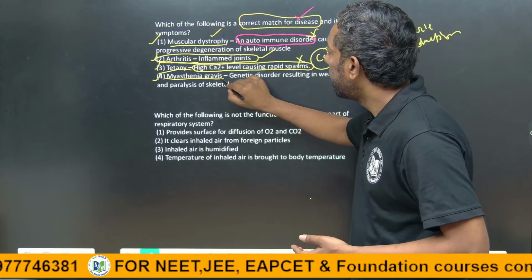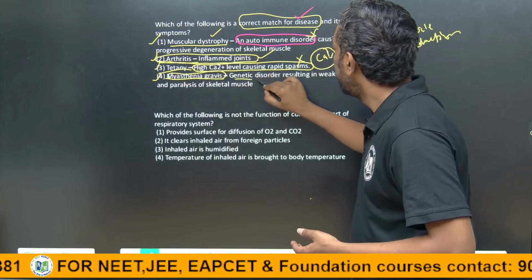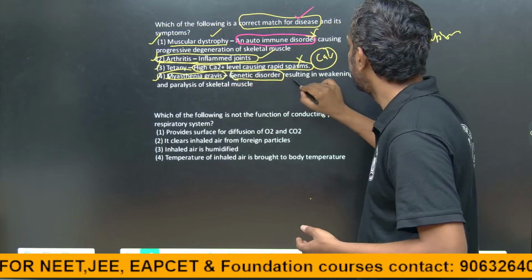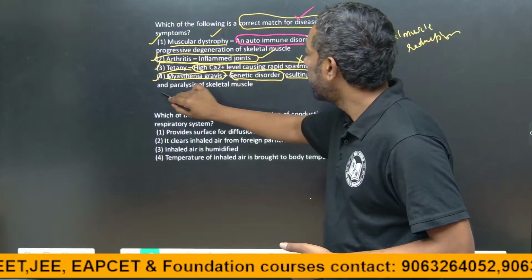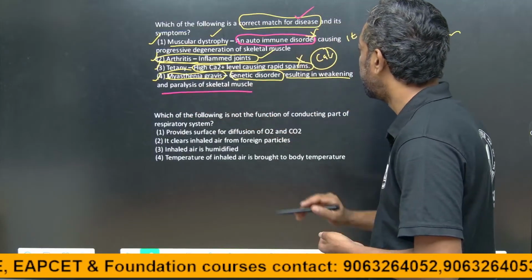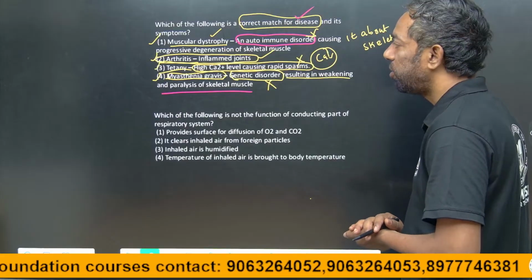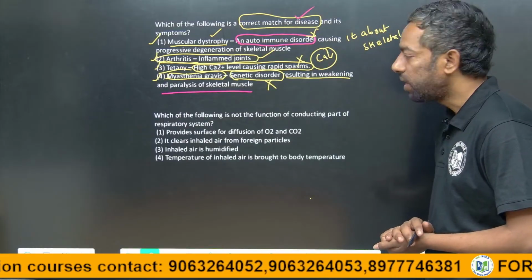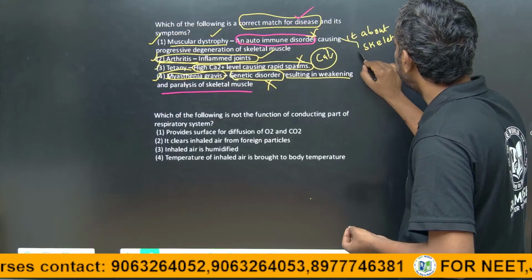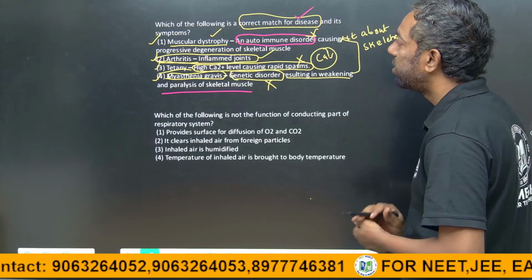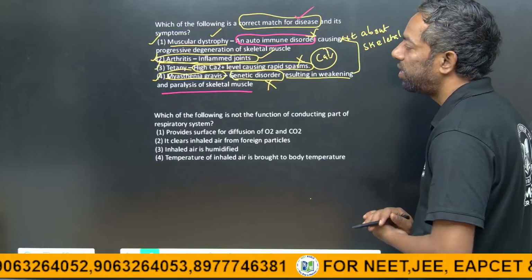And myasthenia gravis, here it is telling it is a genetic disorder resulting in weakening of the paralysis. No, it is wrong. It is the disorder which is autoimmune disorder. Okay, this is an interchange, guys, which is 1 and 4 interchange.